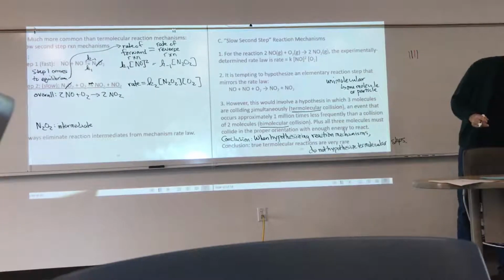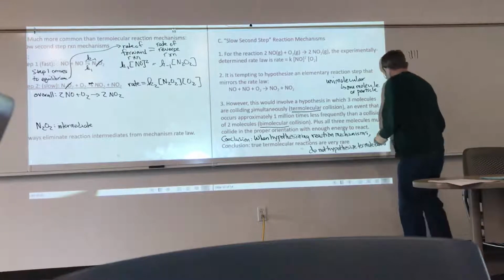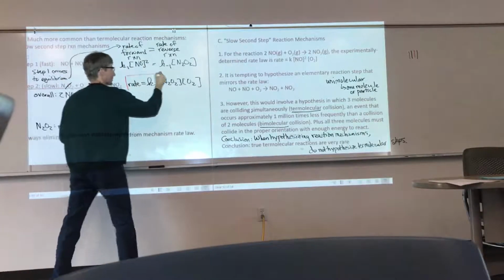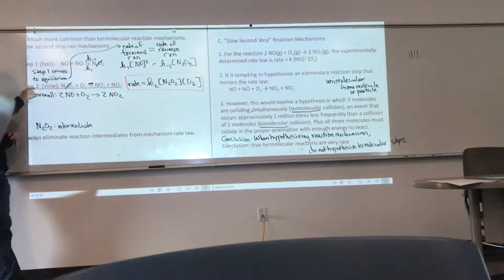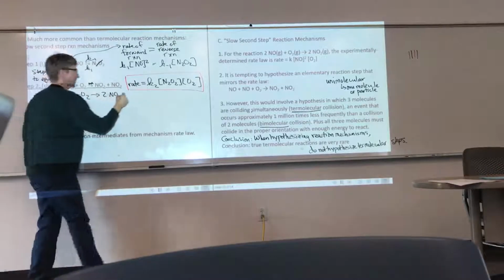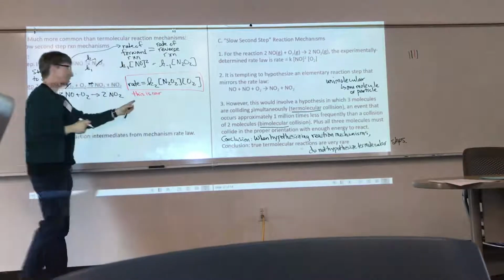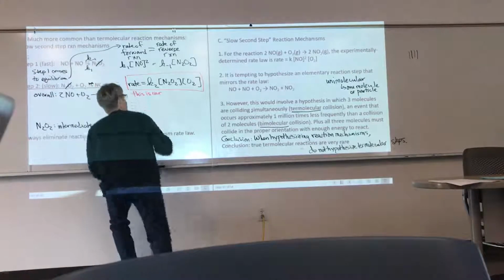Couple more things. Step 2 is our slow step. Step 2 is our rate determining step. And this is our rate law for the rate determining step.